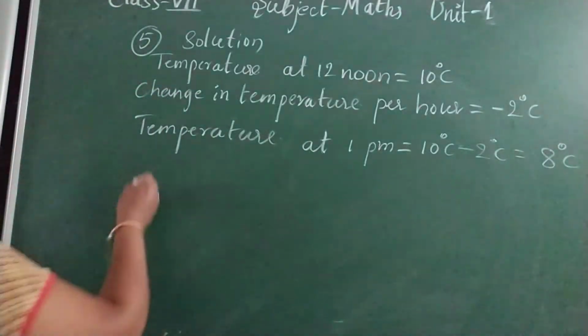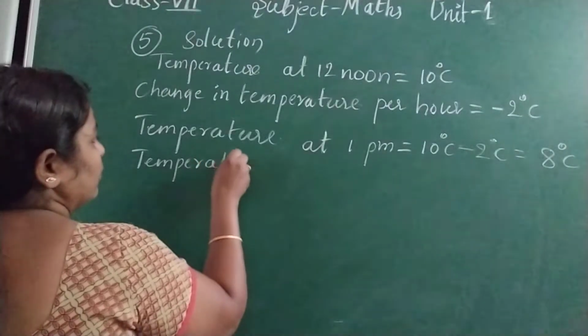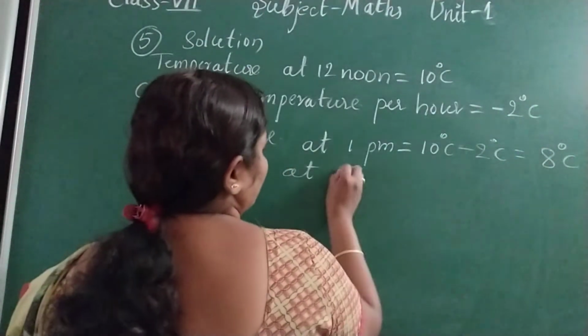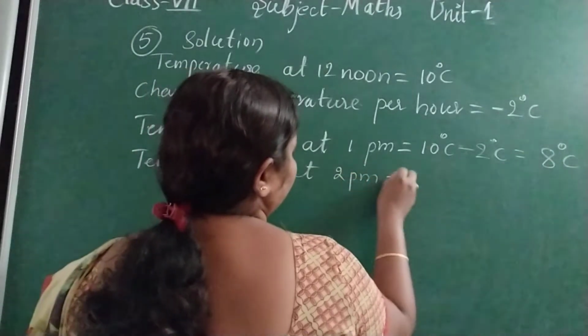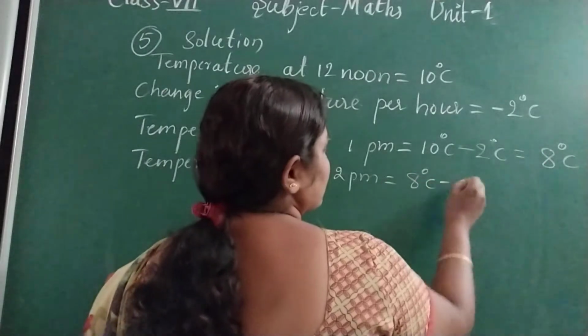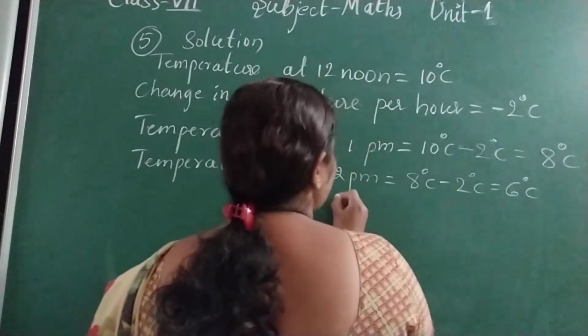Then temperature at 2 p.m. is equal to 8 degrees Celsius minus 2 degrees Celsius, that is 6 degrees Celsius.